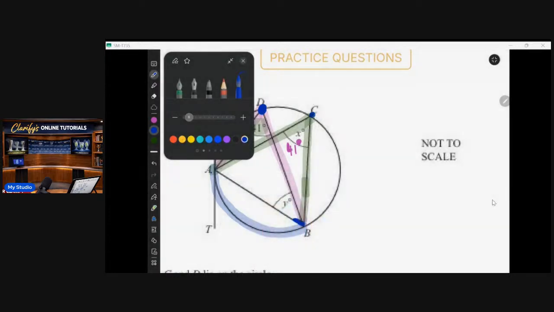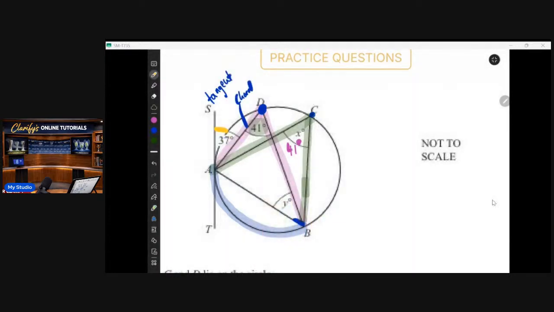We know it. Let's do it. So this is 37 degrees. We know that it is the same as the angle that the chord will make. So what chord is this? This is called chord AD. Where does chord AD go? It goes to angle Y. Everybody can see that one leg goes to the other one. Now this angle here is the same as this one.